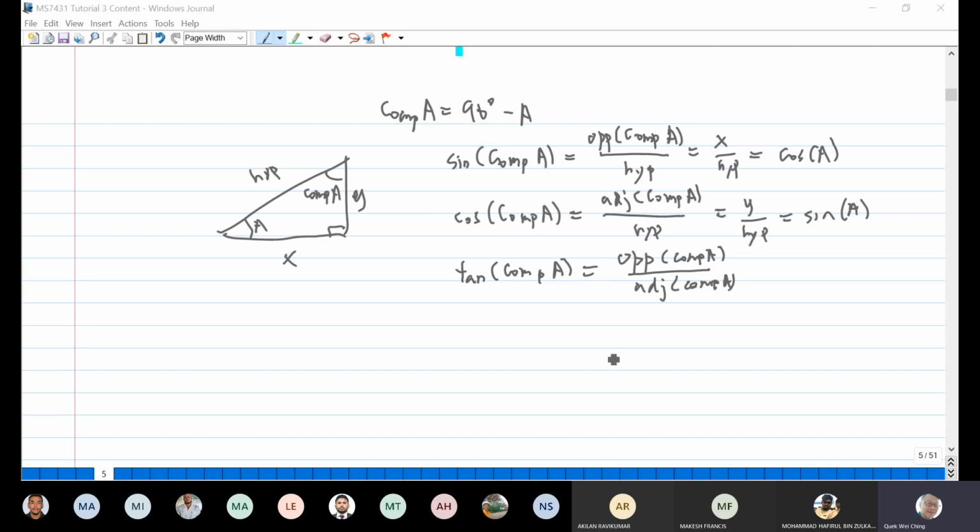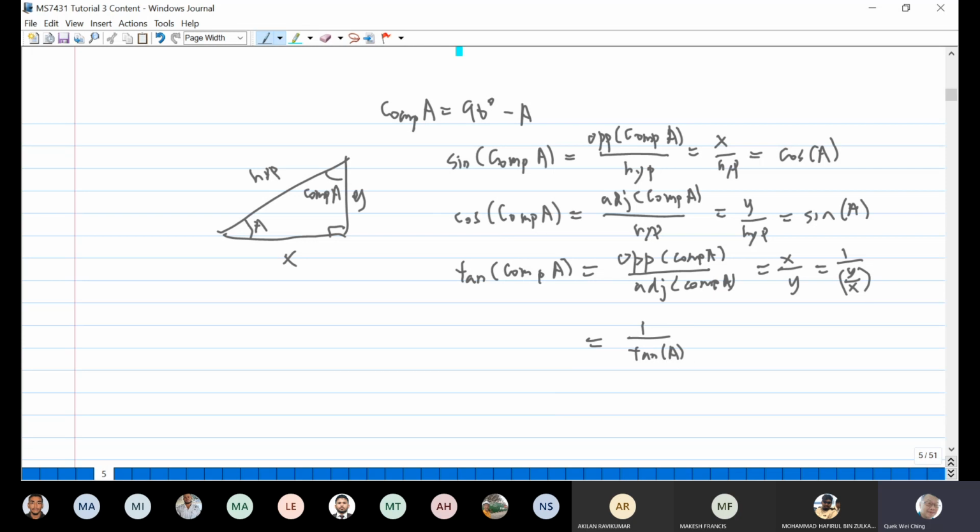And in this case, opposite of column A is equal to x here. Adjacent of column A happen to be y. And what is x over y? Of course, we don't know yet. I can change it to 1 over y over x. Okay, 1 over y over x is what? 1 over y over x is actually tangent A. Okay, opposite over adjacent, so tangent A.